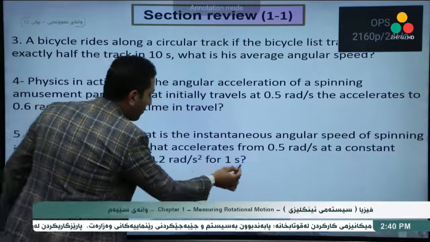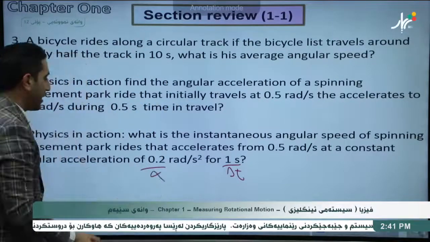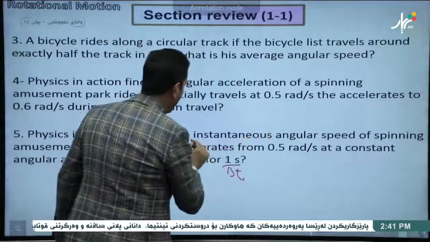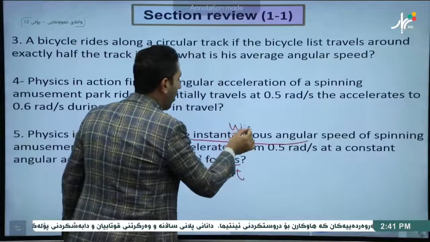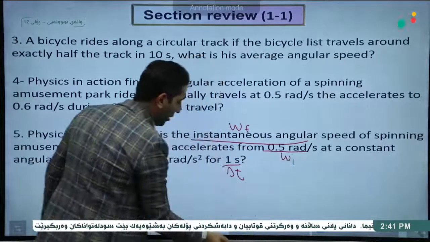We have time and angular acceleration. Find the instantaneous angular speed. It means find omega final, and we have omega initial.